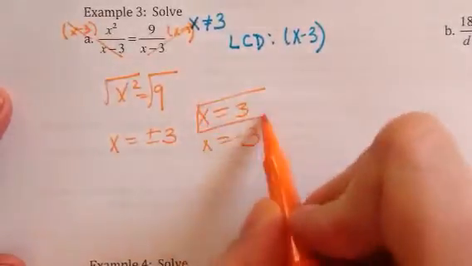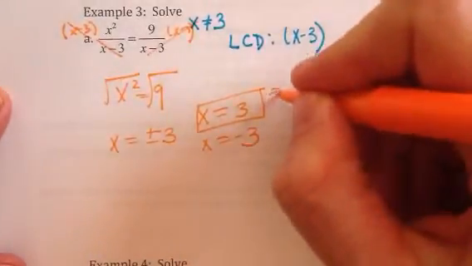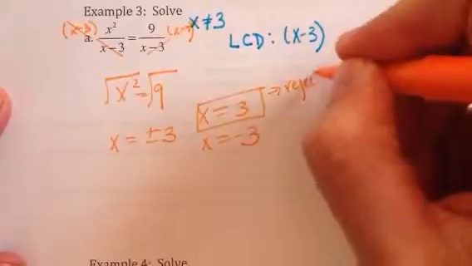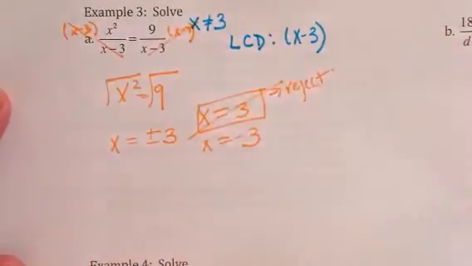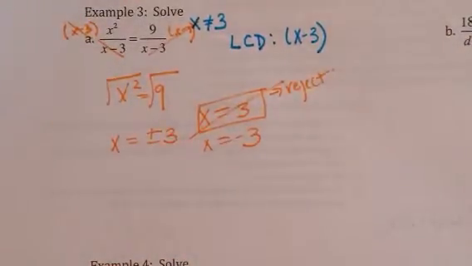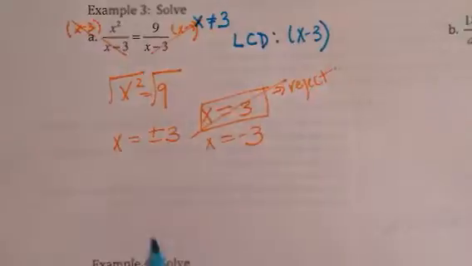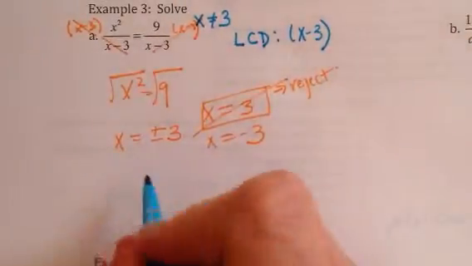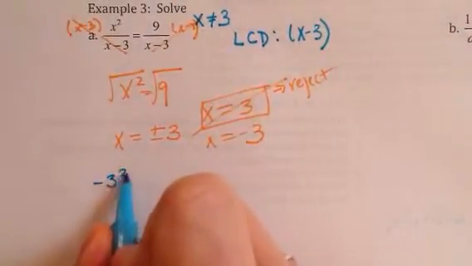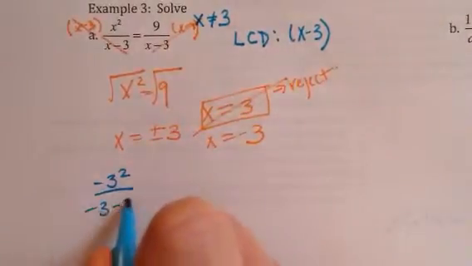So we know with x equals positive 3 is that we can reject this solution. And we can reject it because we know that x cannot equal positive 3 because it would produce a 0 in the denominator. So then we need to check our negative 3. So we're going to have negative 3 squared over negative 3 minus 3.